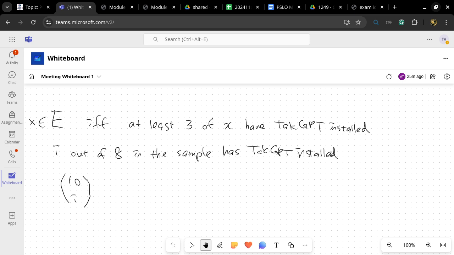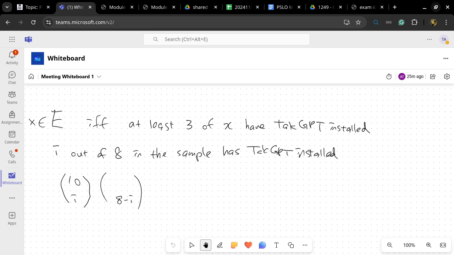Is that okay? What about the other items? Because remember, each sample has 8 items in it. So what about the other items, which would be 8 minus I? For the rest of the sample, where do I choose them from?